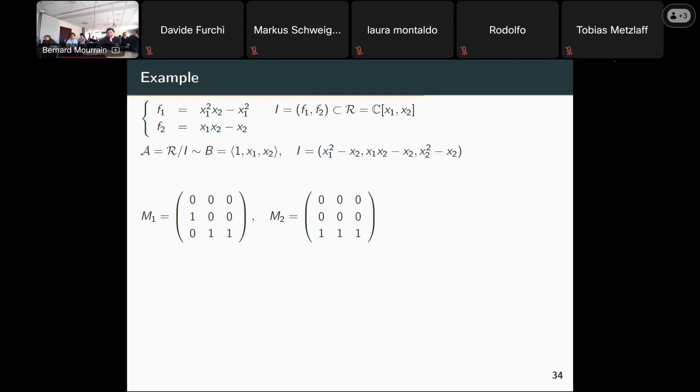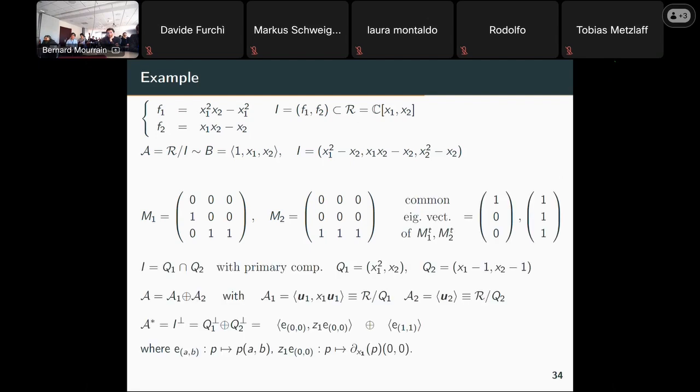So x2 is 0, 0, 1. And so we get these operators, these matrices in the basis V. The common eigenvectors, there are two eigenvectors up to a scalar, which are 1, 0, 0 and 1, 1, 1.